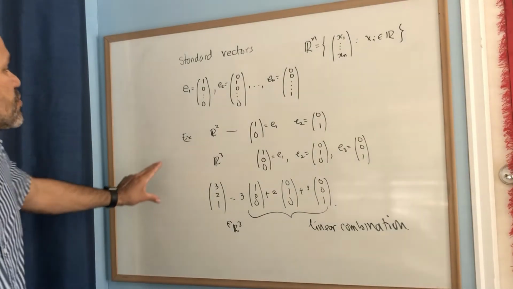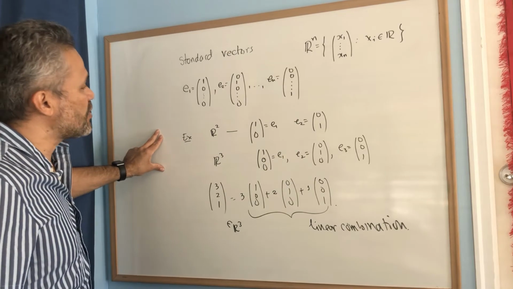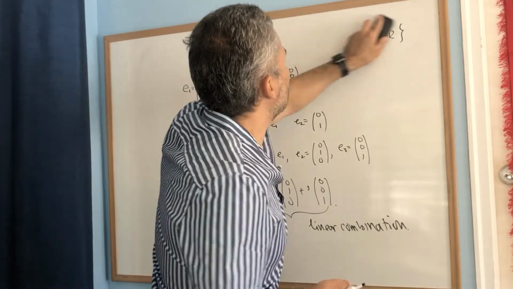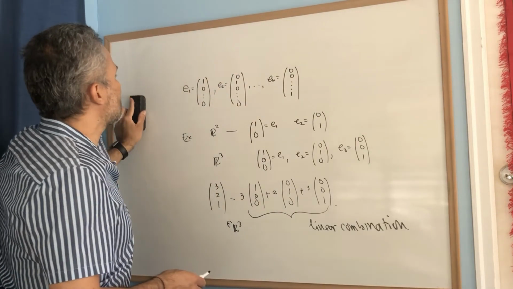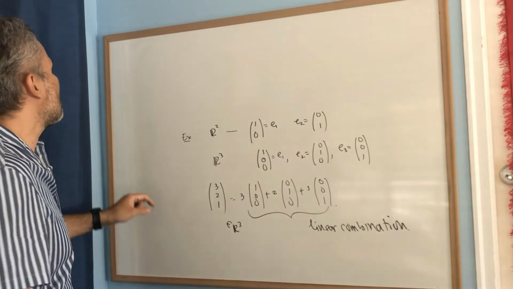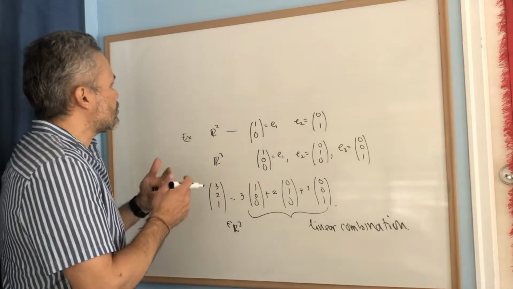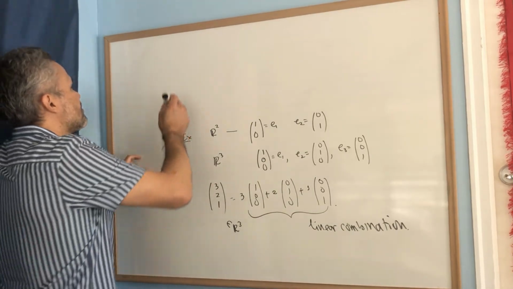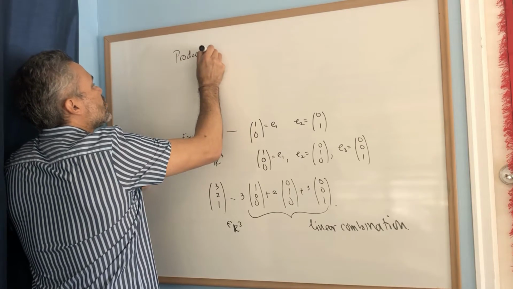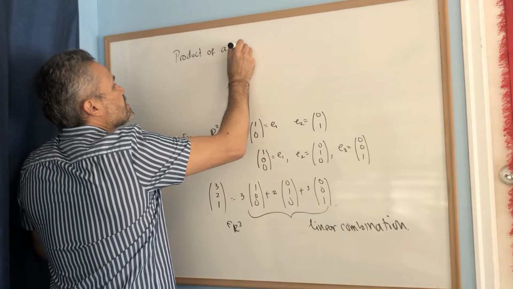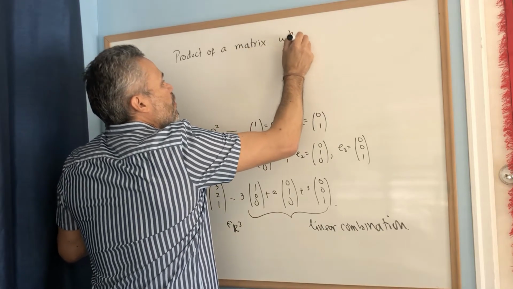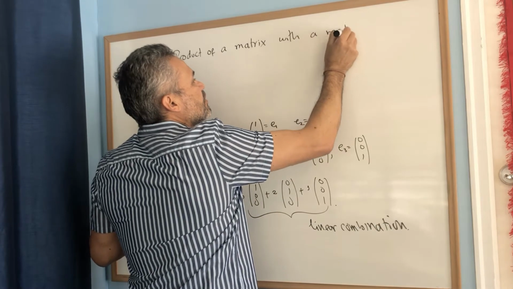Now I'm going to proceed with the operation of matrices. In this case, I'm going to define the product of a matrix with a vector. But in order to do the product, you need to have the right dimensions. Let me write down the product of a matrix with a vector.